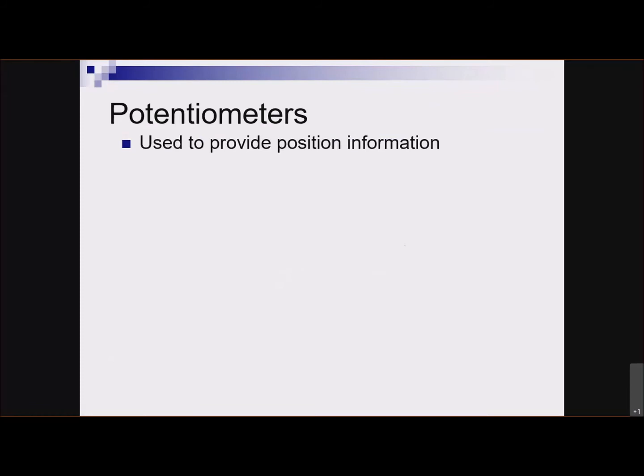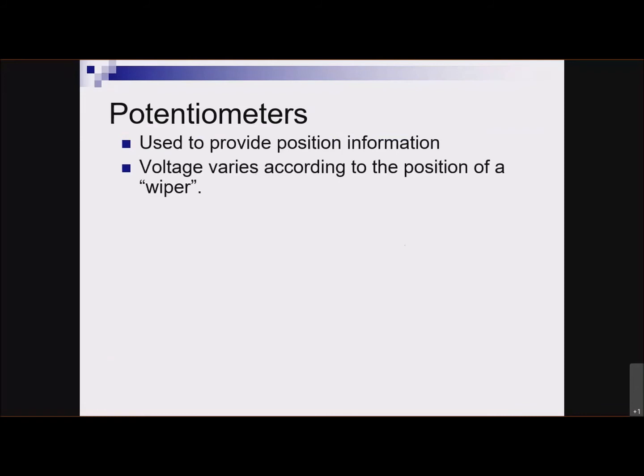So accelerator pedal position, throttle position, blend door or mode door position on an HVAC system. Anytime the computer is looking for some sort of position information, it's likely to be a potentiometer.